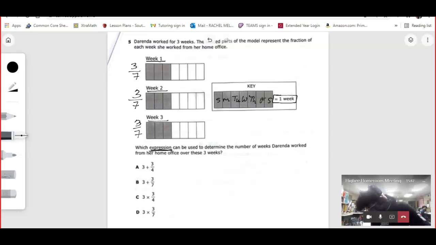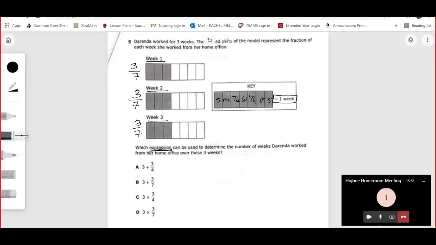Why would we not say 3 plus 3/4? Rakaya?